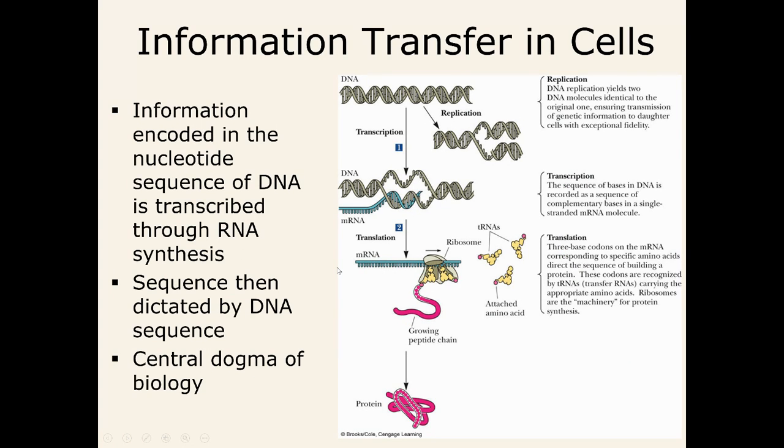This slide here is probably one of the most important slides in all of biology, which is the central dogma of biology: DNA can replicate, but DNA will code through a process called transcription to form messenger RNA, which is a type of RNA.